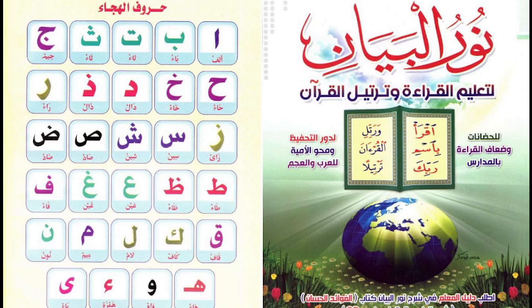For one edge of the tongue, it is referred to as hafatul lisan, while hafatan lisan is being used for both edges of the tongue. Hafatul lisan, one edge of the tongue. Hafatan lisan, both edges of the tongue.